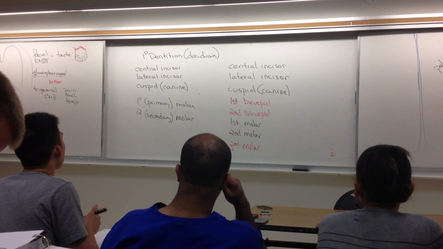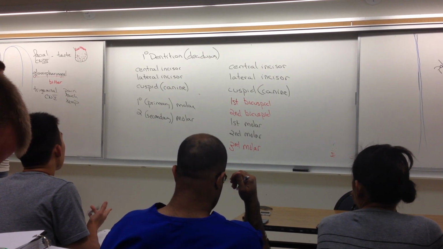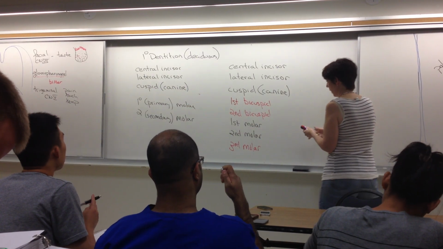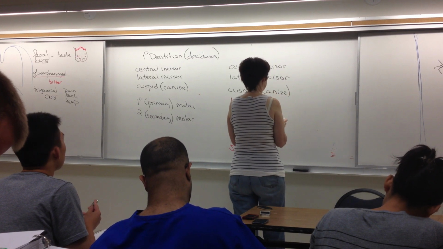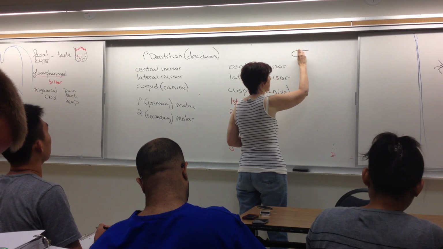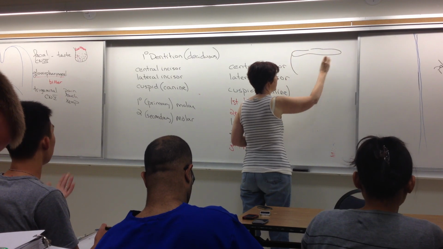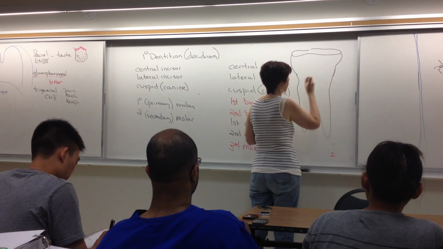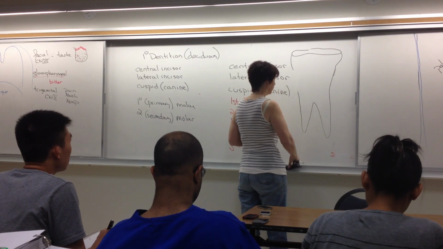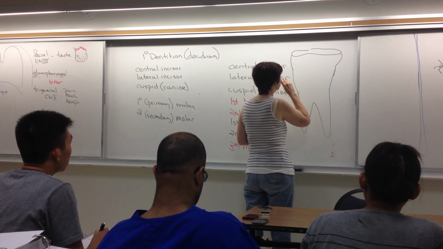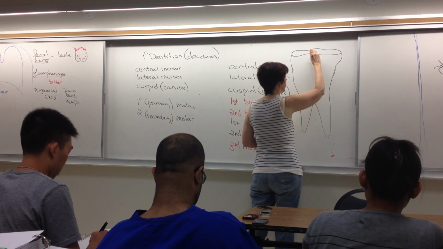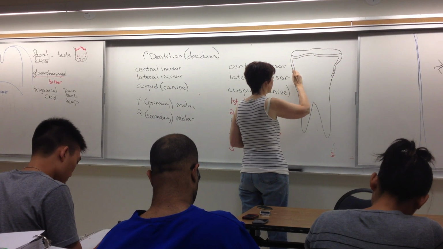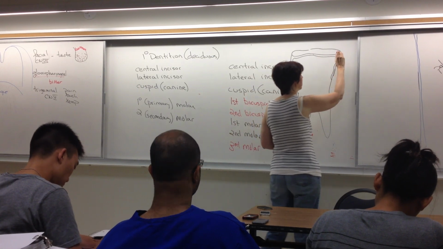All right, if we look at the actual structure of a tooth, typical tooth structure here. I'm not going to spend too much time on this because it's much more easily visible in lab. Like a wimpy little tooth. All right, so the surface of the tooth that I've drawn in is covered with enamel.